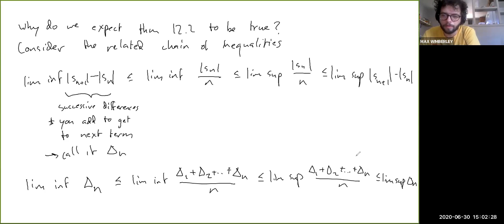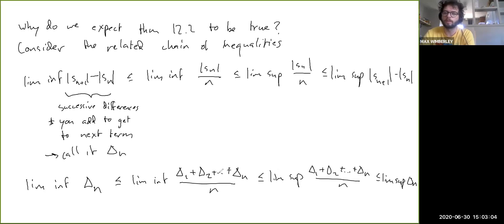Now, if we look at it in terms of these deltas, the difference from one term to the next, the sequence of delta n's could be doing whatever. It could go up, it could go down. But if you take a running average of the delta n's, you smooth out the sequence. You ignore the individual differences and figure out what they look like overall.